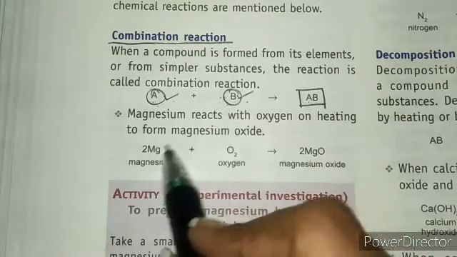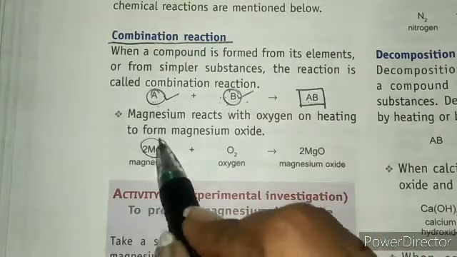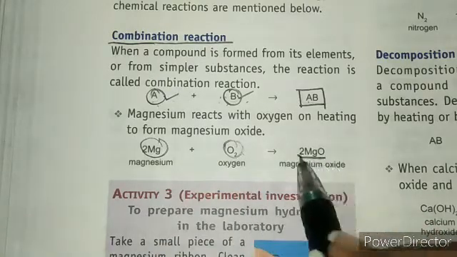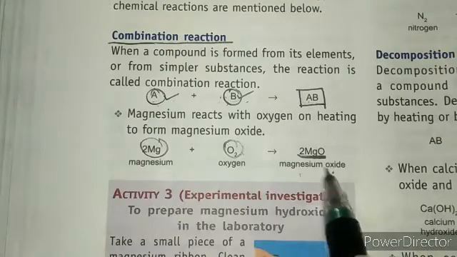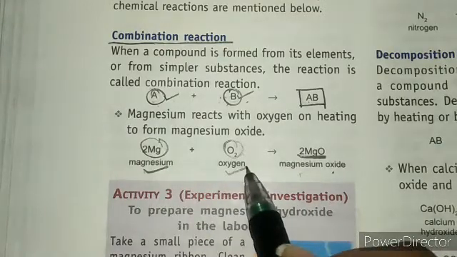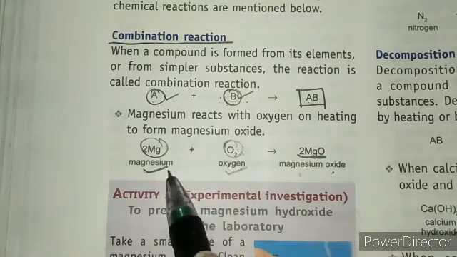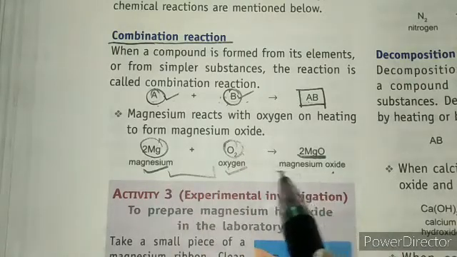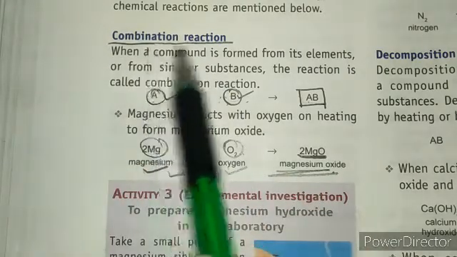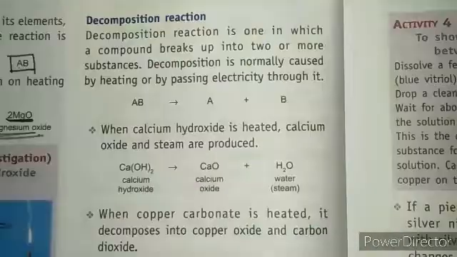For example, magnesium reacts with oxygen, and then they form magnesium oxide. Magnesium is one substance and oxygen is different from magnesium, so when they combine they give magnesium oxide. So this is the combination reaction.